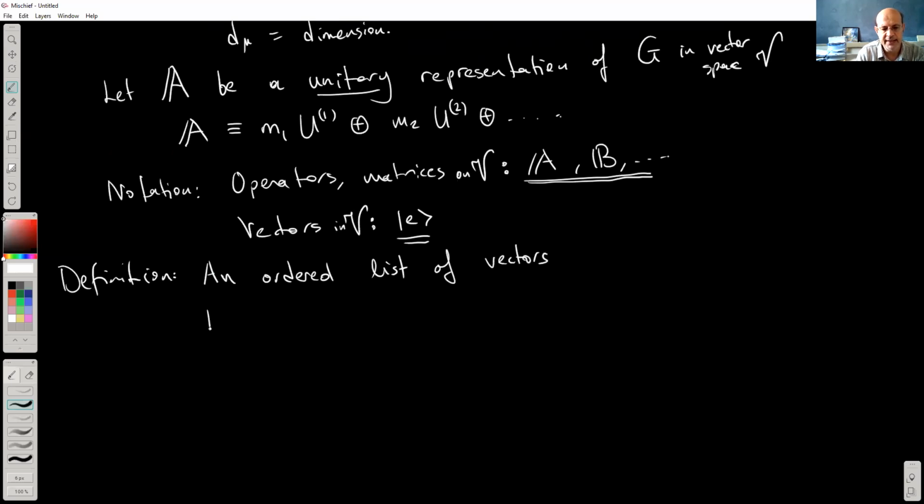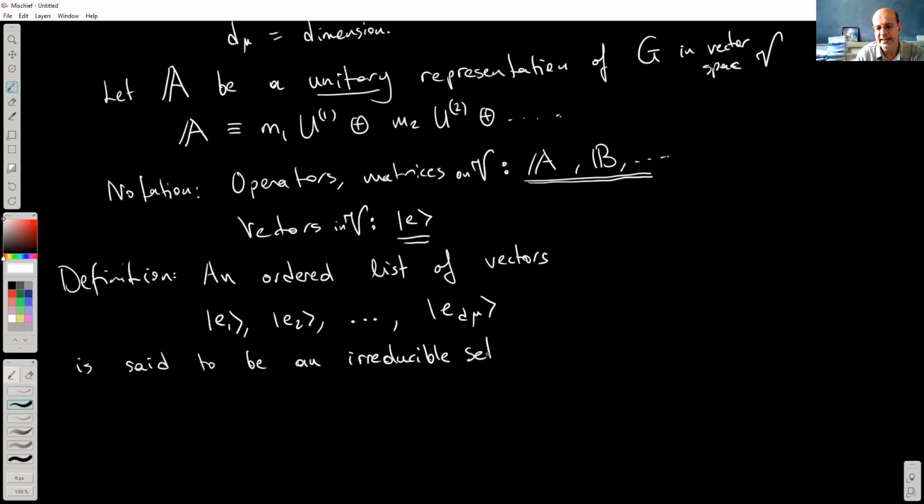vectors, let's say E1, E2, dot, dot, dot, E d mu, is said to be an irreducible set transforming like the mu-th irreducible representation.